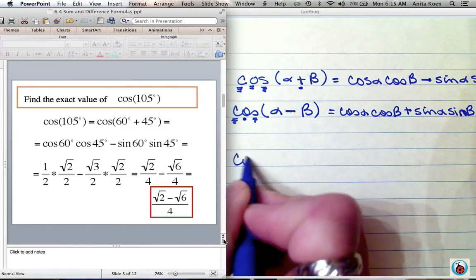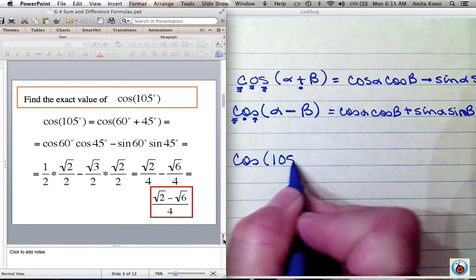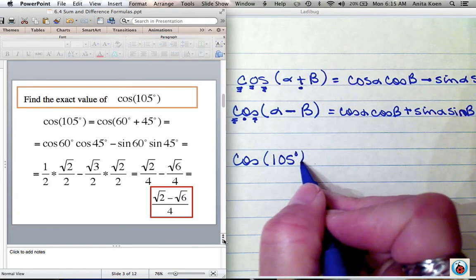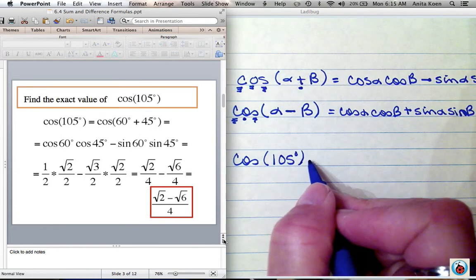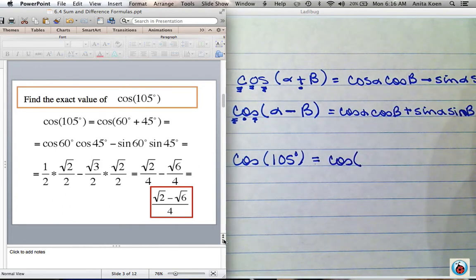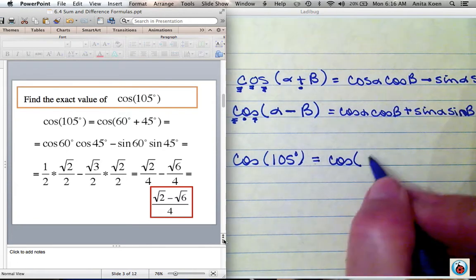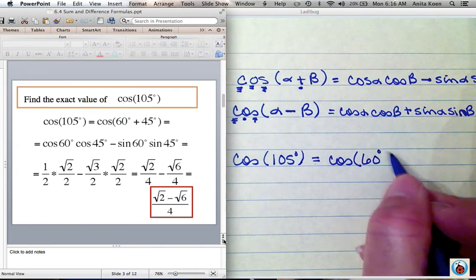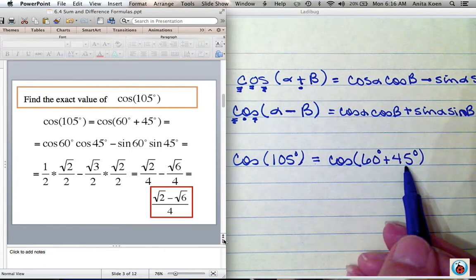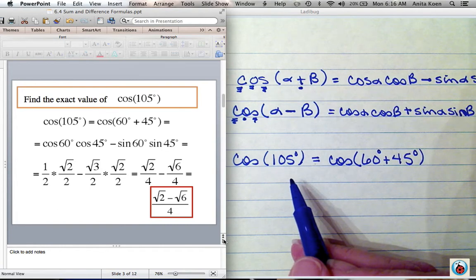Okay, we've got the cosine of 105 degrees. Well, the cosine of 105 degrees, off the top of my head, I really don't know what it is. It's not one of the ones that I've memorized from my unit circle. However, if I can break it down into two angles that are on my unit circle, and you can see from the PowerPoint here that we chose to break it down into 60 degrees plus 45 degrees, giving me 105.